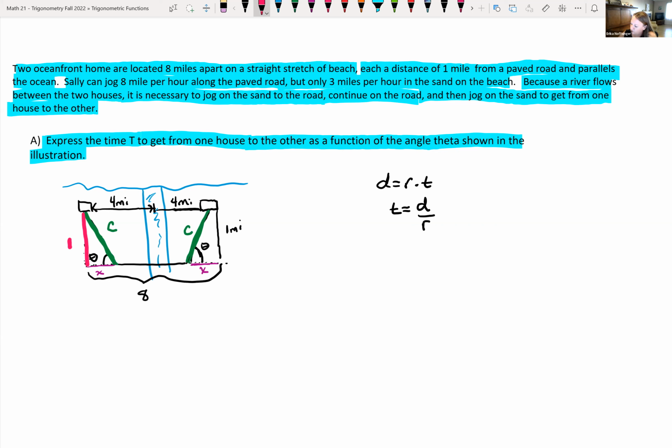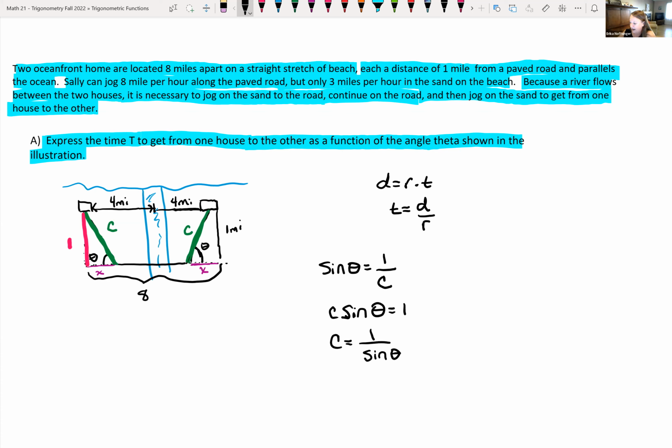So sine theta is equal to opposite, which is 1, all over the hypotenuse, which is C. We're trying to figure out what C is, so we multiply both sides by C. We get C times sine theta is equal to 1, so C is equal to 1 divided by sine theta. And that is our distance running on the sand.